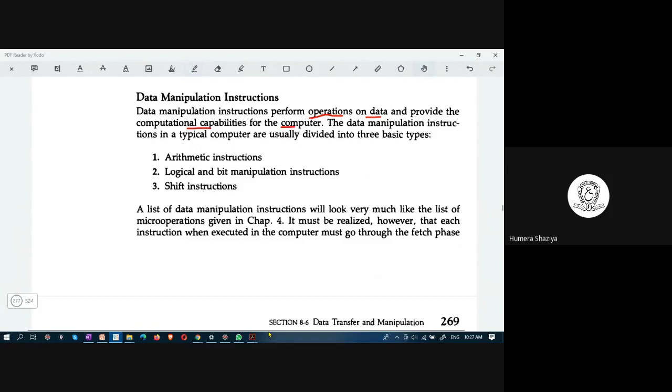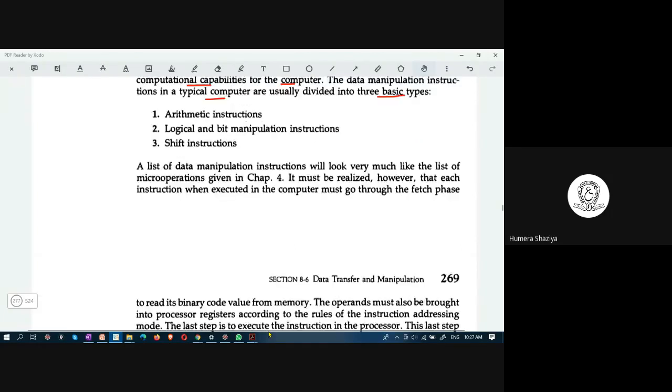The data manipulation instructions in a typical computer are divided into three basic types: arithmetic instructions, logical and bit manipulation instructions, and shift instructions. They are all about performing computations on the data.